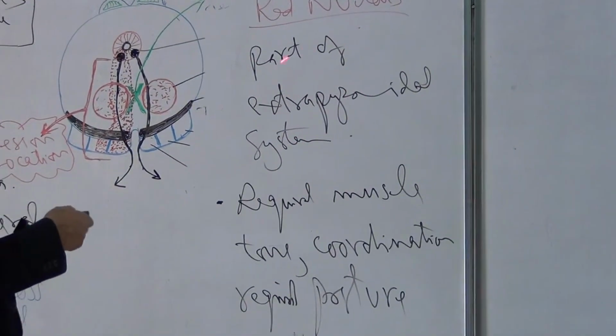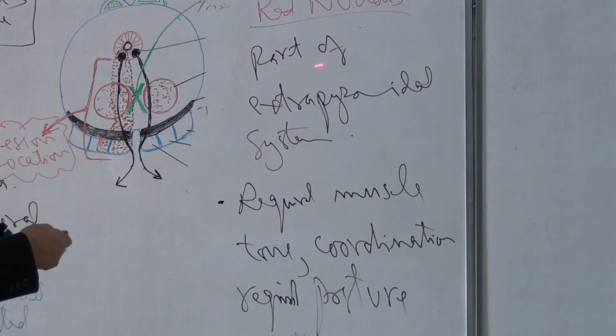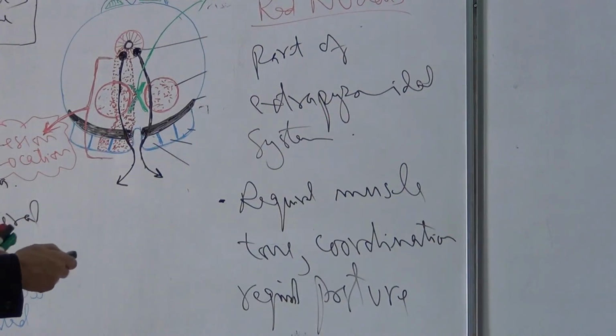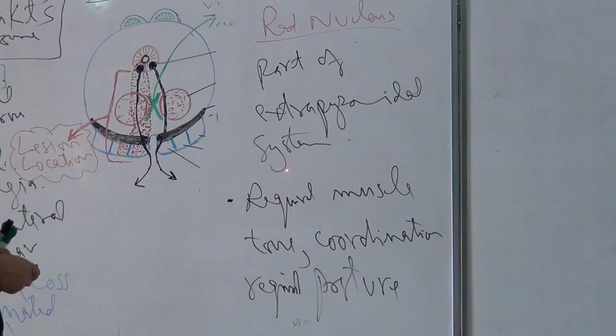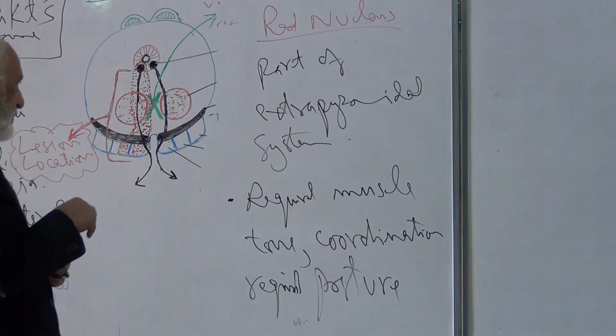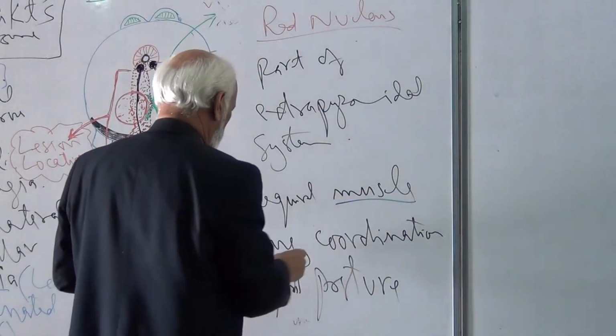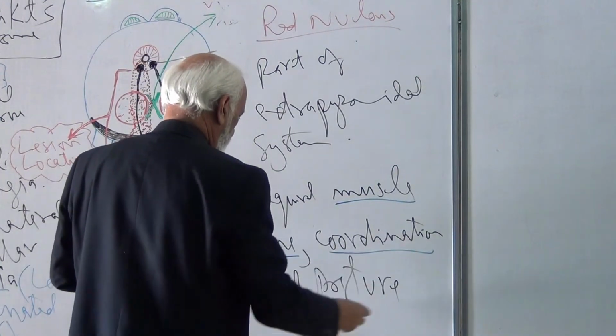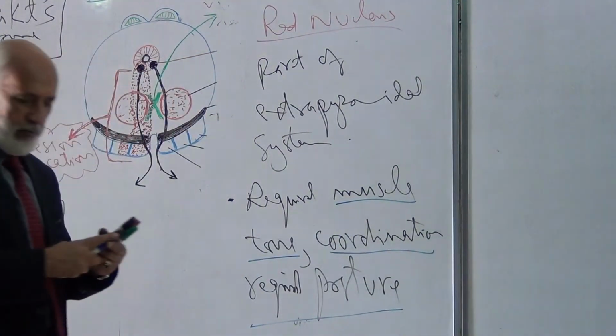So because the red nucleus is a part of the extrapyramidal system, it maintains the required muscle tone, the required posture and coordination.